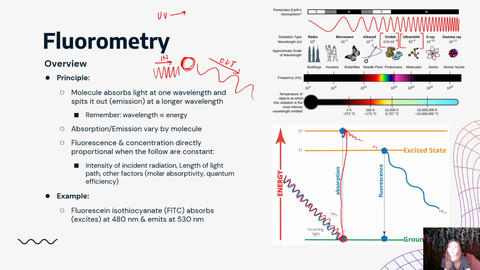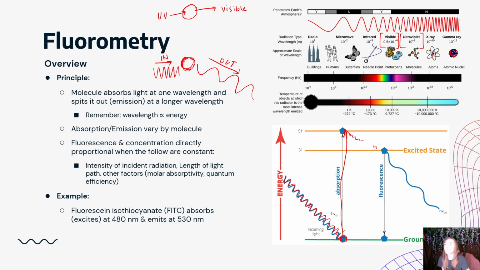So UV light goes into our chromophore, and then sometimes we spit out visible light, which is lower energy, lower frequency. Does that make sense? It's like we hit it with high energy UV, it holds on to that, and then it decides, I don't want that actually, and it spits it out.